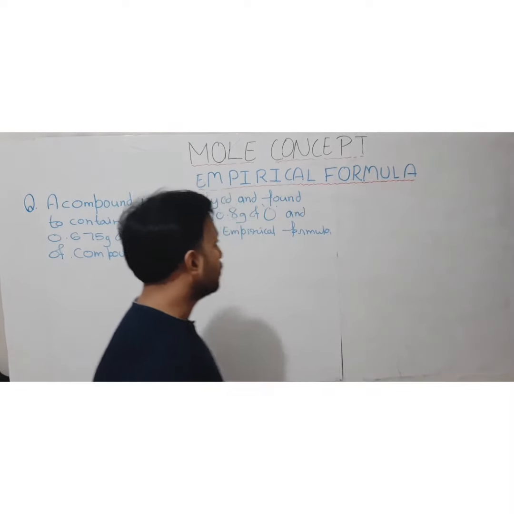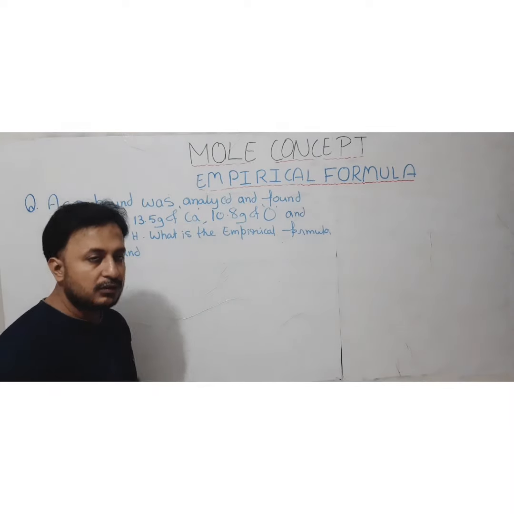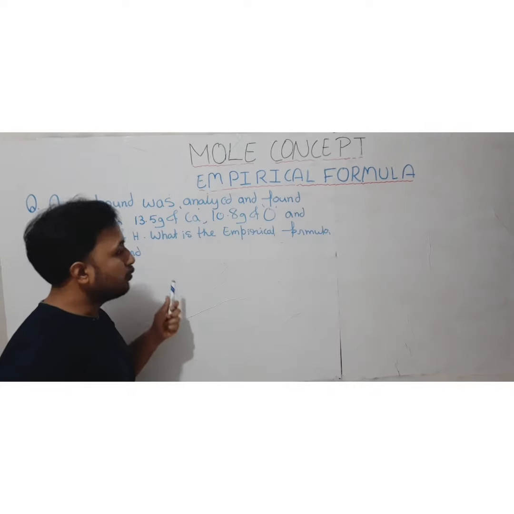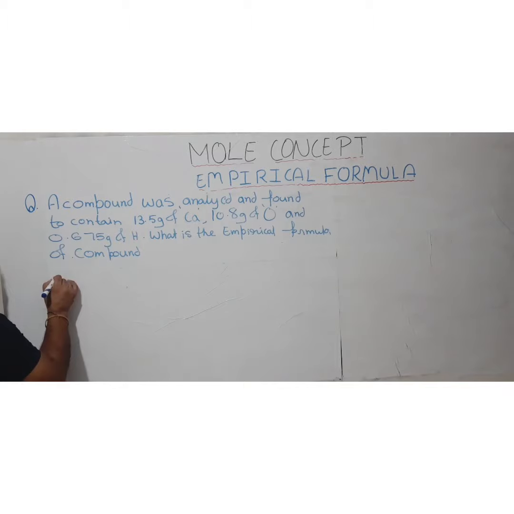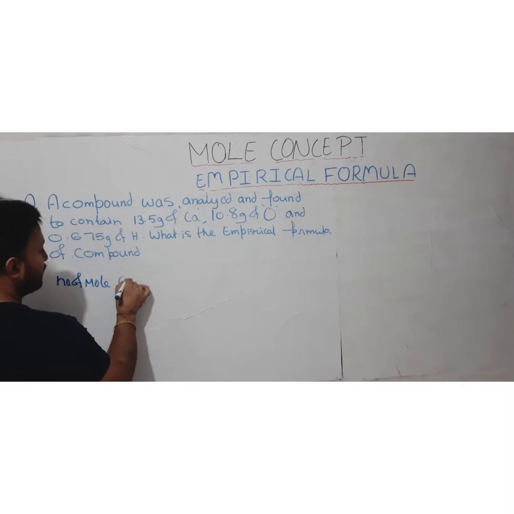Now what you have to do in such cases, if you are provided with the mass of the substance, then you can convert them into the number of moles first. So you will find the number of moles for every element here, like the number of moles of calcium first.